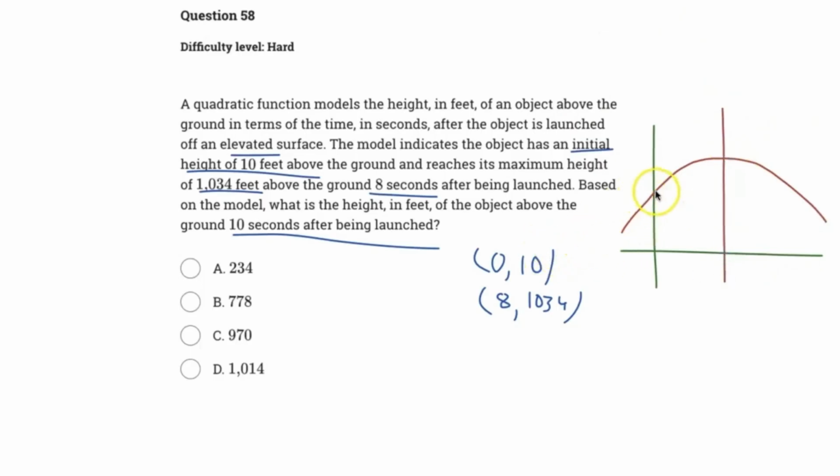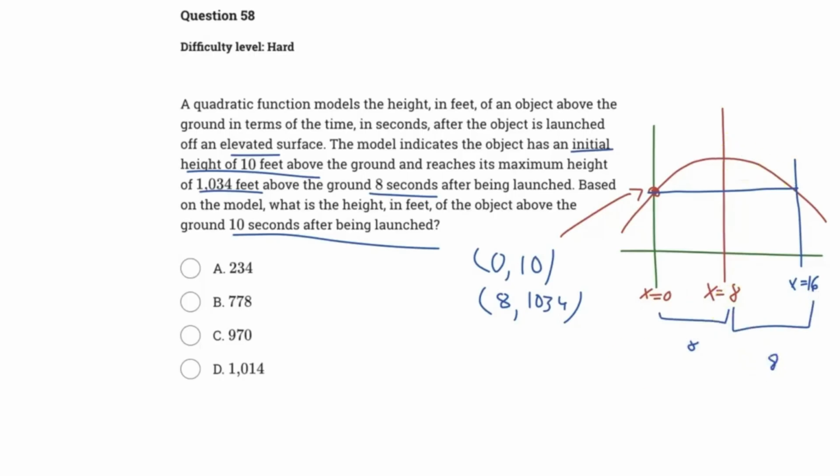So if you think about this as (0, 10), and we think about the axis of symmetry as x equals 8, we know that everything is symmetric. So if this is x equals 0, and then this is x equals 8, then this value over here, when it returns back to the starting value, has to be x equals 16, because this is a change of 8, and this is also a change of 8.